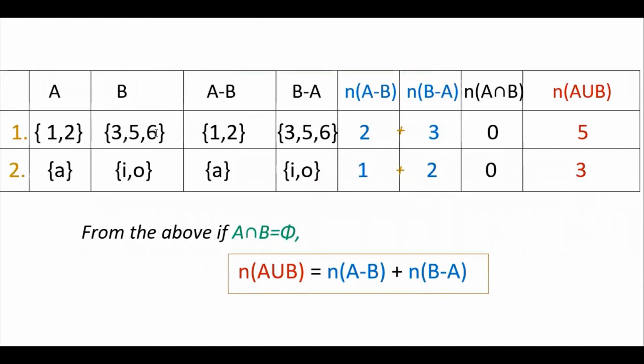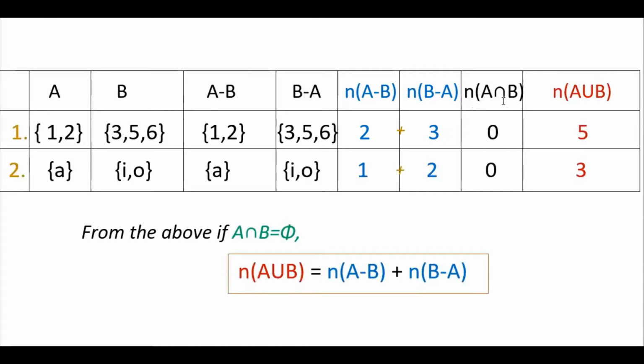Similarly, if you take A minus B, A minus B means you have to write only A elements excluding B elements, that means excluding common elements. So here there is no common element, so only 1, 2. And B minus A, only write B elements excluding A elements, so 3, 5, 6. So n(A minus B) is 2 elements, so 2. n(B minus A) is 3.